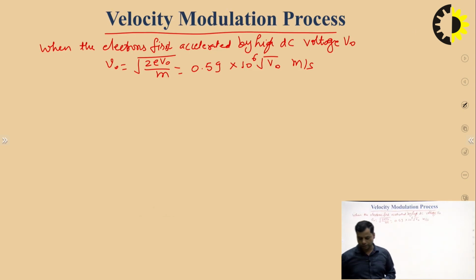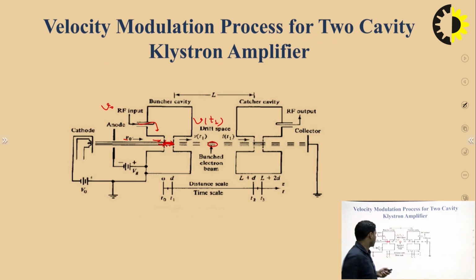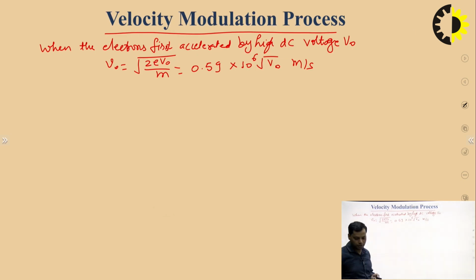Applying at the input terminal, the gap voltage between the buncher grids will appear. In this gap the voltage, let's say denoted by Vs, the buncher gap voltage, will appear here.